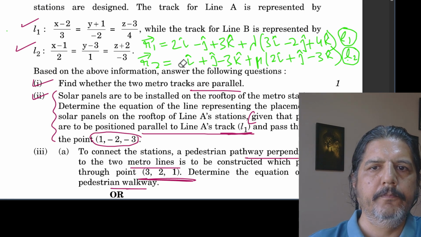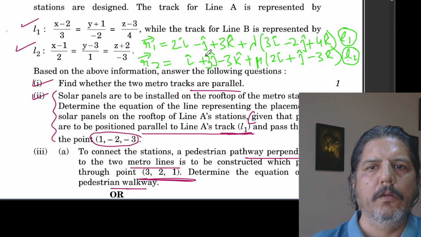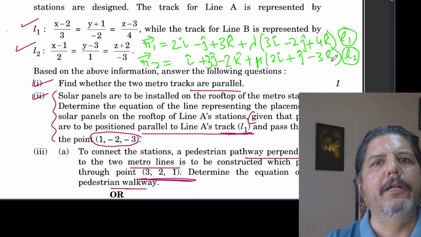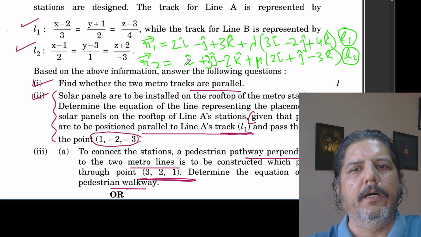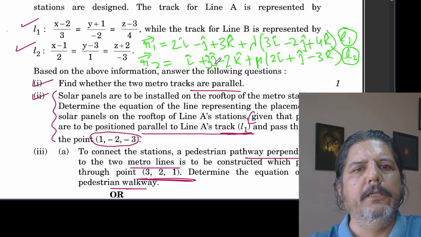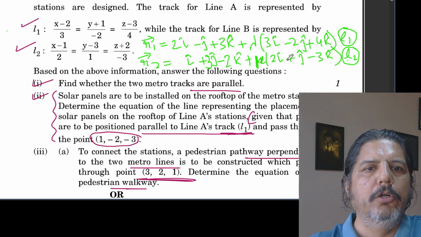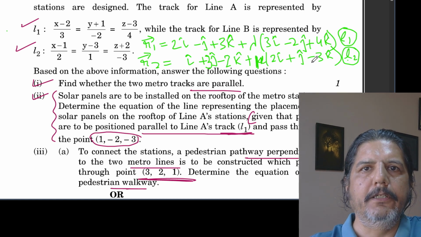This would be i + 3j - 2k. So the equation of line L2 in vector form would be i + 3j - 2k + mu(2i + j - 3k).